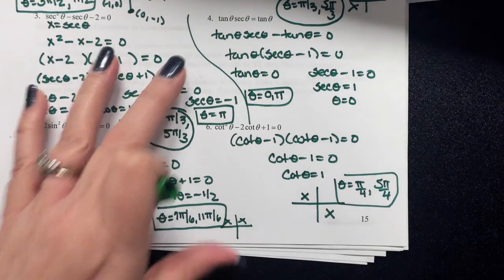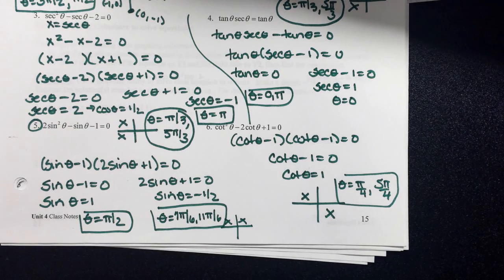So did you guys end up with pi over 4 and 5 pi over 4 for the last one? All right, when you factor cotangent squared theta minus 2 cotangent theta plus 1, it factors into cotangent theta minus 1 times itself. So any questions on solving these types of trig equations?